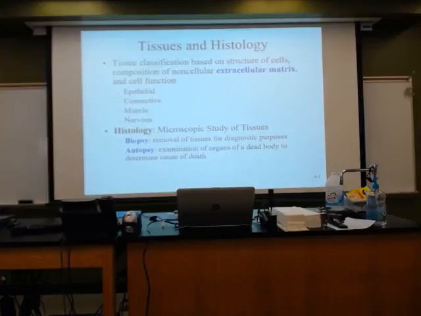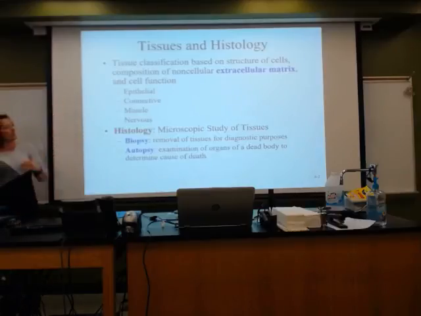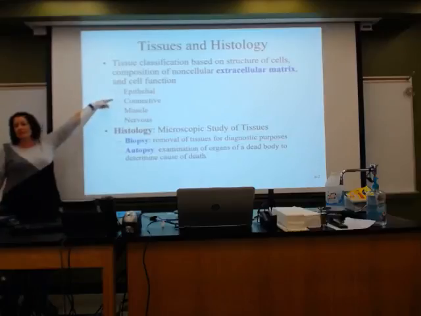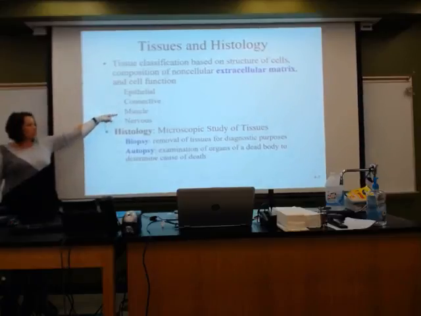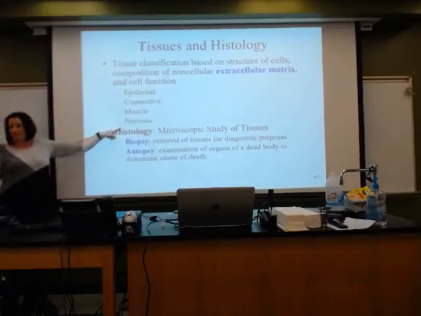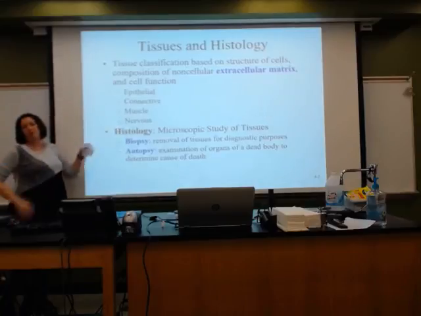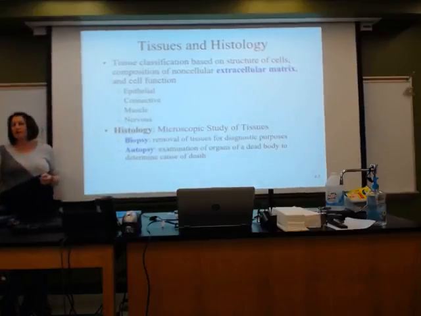So when we classify the tissues, we're going to say that it's either epithelial tissue, connective tissue, muscle tissue, or nervous tissue. So these trillions and trillions of cells are going to be put into these classifications.